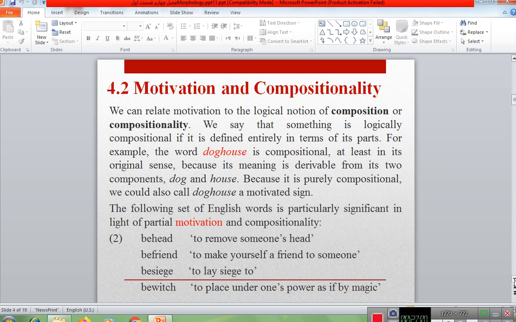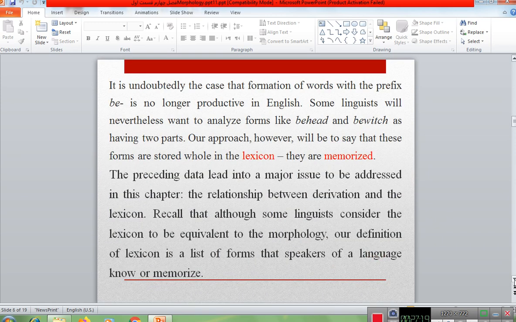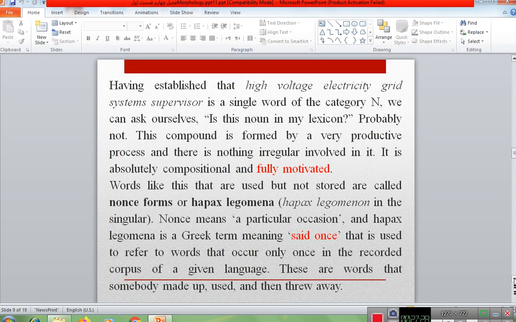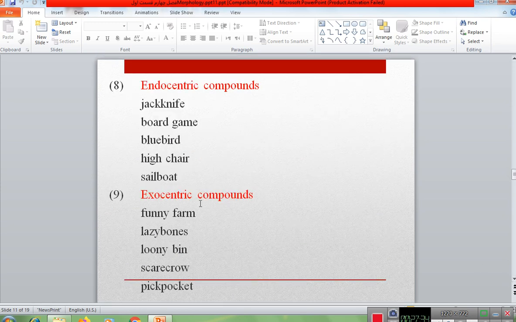Then we talked about the relationship between motivation and compositionality. As I told you, when a word is compositional, and we can determine the meaning of that word based on its parts, we can call it a motivated word. And then we talked about two phenomena, the first being compounding. We talked about two kinds of compounding, endocentric and exocentric, and looked at examples. In endocentric compounds, we can determine the stem of that compound, but in exocentric compounds we cannot determine the stem.